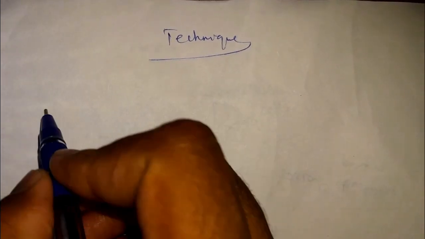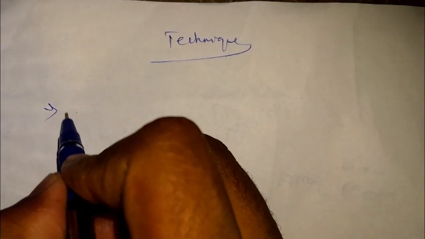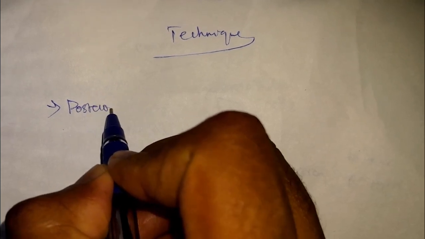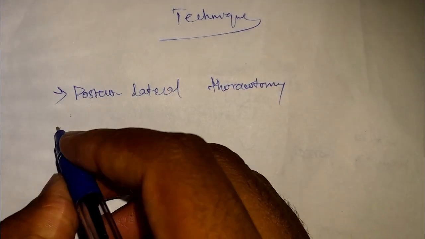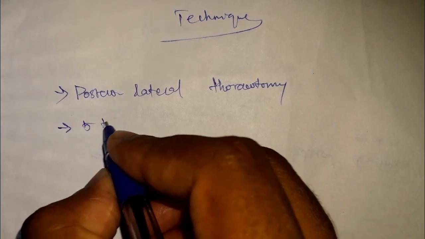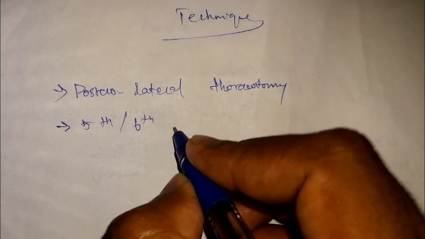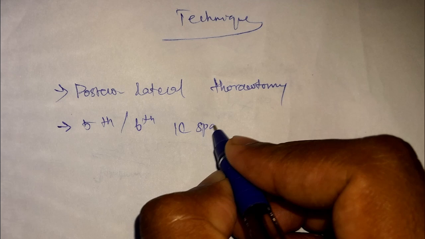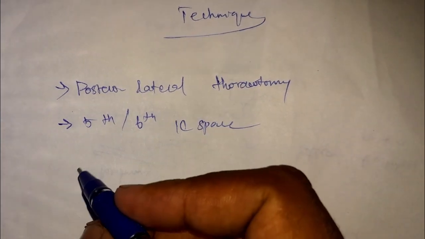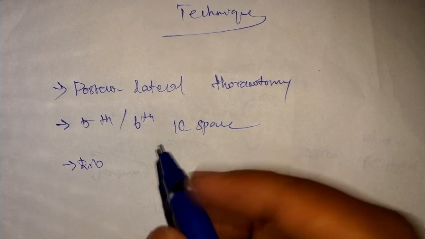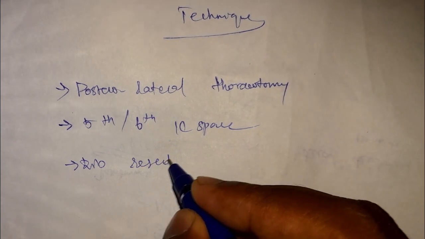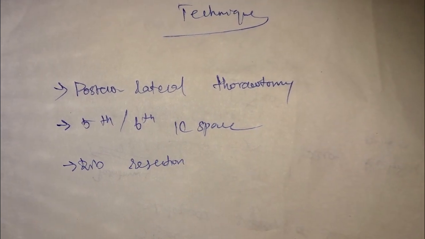Then come to the technique. First we should do the thoracotomy, a posterolateral thoracotomy. Entry into the thoracic cavity is established via the fifth or sixth intercostal space. Then we check for rib resection. Sometimes rib resection is required, sometimes it is not.